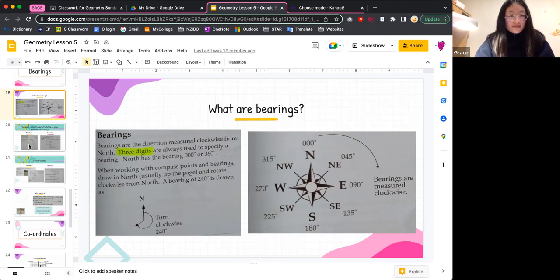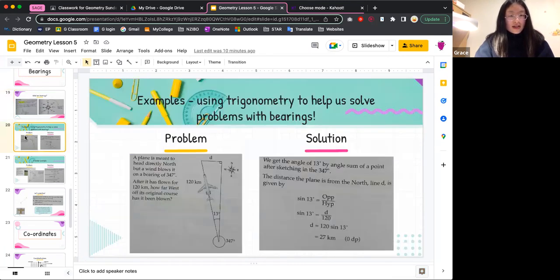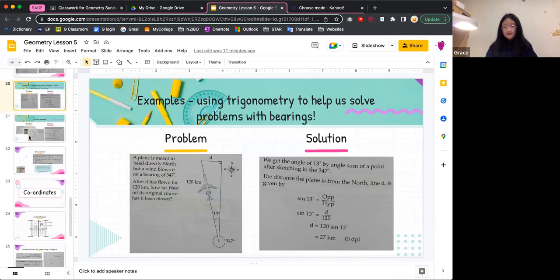So now that we know what bearings are, we can use them to solve some trigonometry problems. All right, so here, what do we have? Okay, so I'll just draw this in. We've got north, which is, maybe I should use a brighter, eye-catching color.